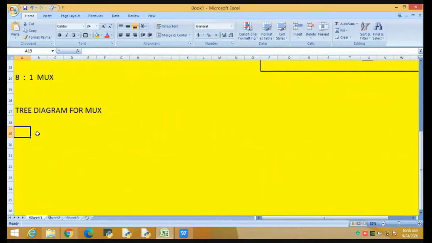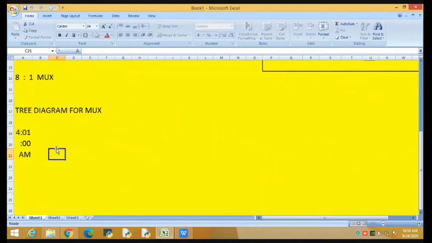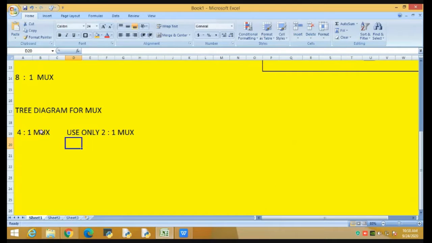We are going to implement a 4 to 1 mux, but we have to use only 2 to 1 muxes. What do we have to implement?